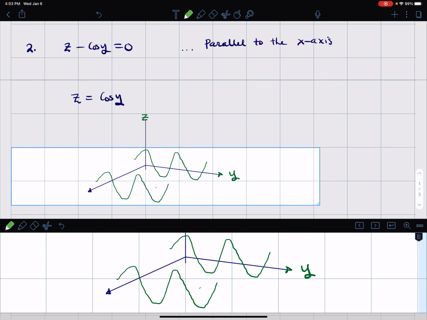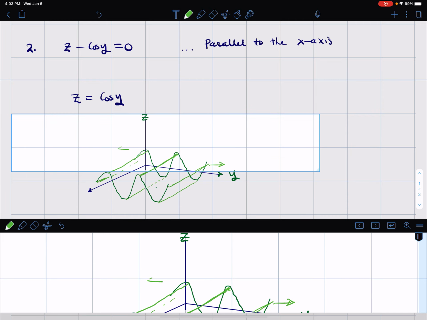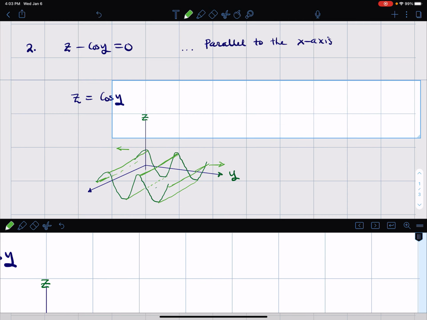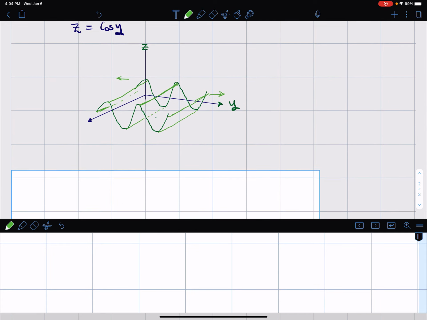So I'm going to go like this, like that. All right, this is my last try. Anyway, this looks like a corrugated sheet of metal. You know what I mean? So it just keeps going. It extends and just keeps going like that. Okay, it's infinite in length. All right, so this is the cylinder.